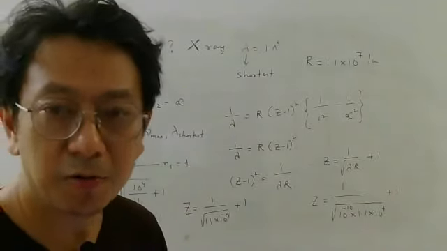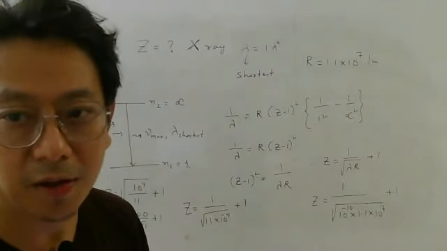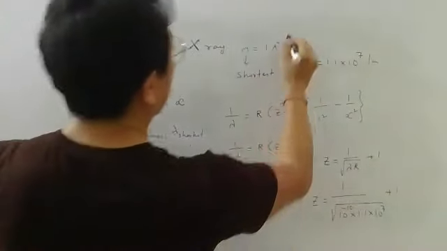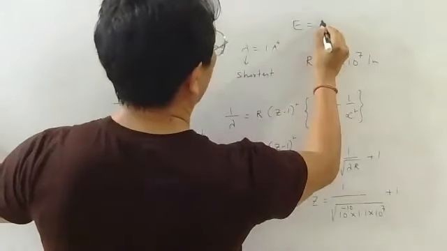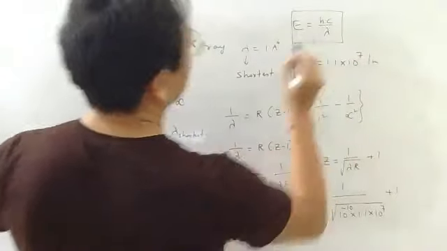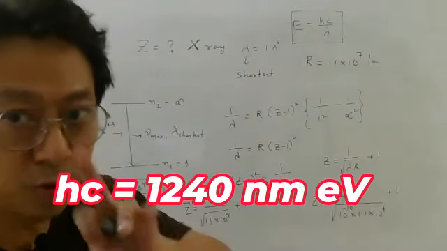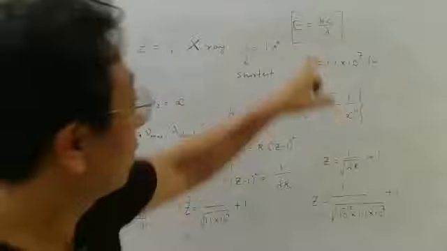After finding lambda, you find frequency, after finding frequency, find h nu, or directly write like this: energy, if they ask, h nu is hc by lambda. So lambda you try to write in nanometer because you know the value of h and c product.